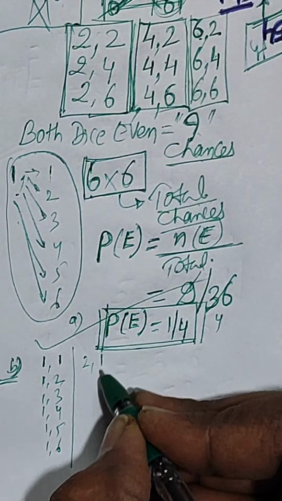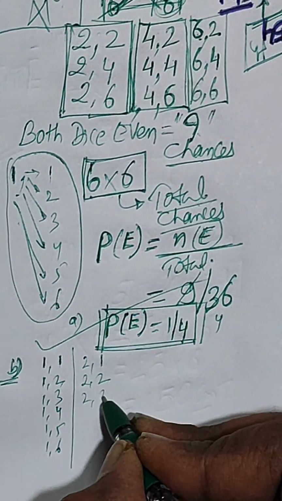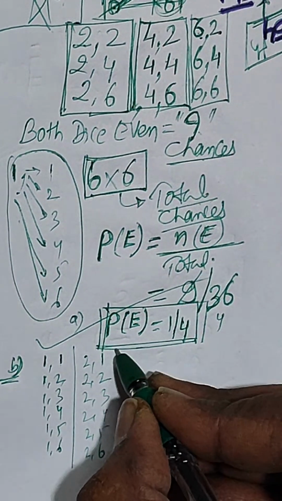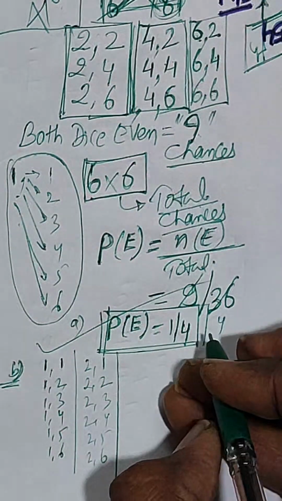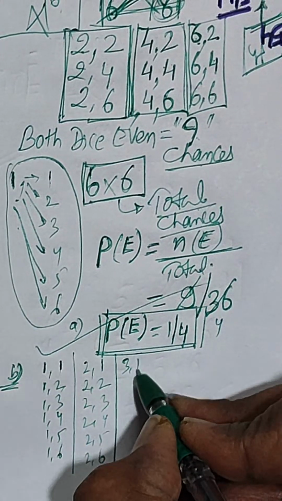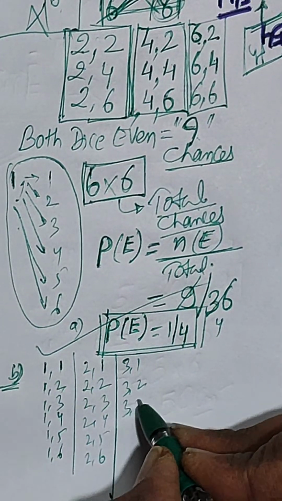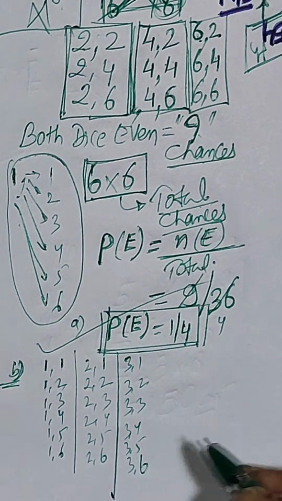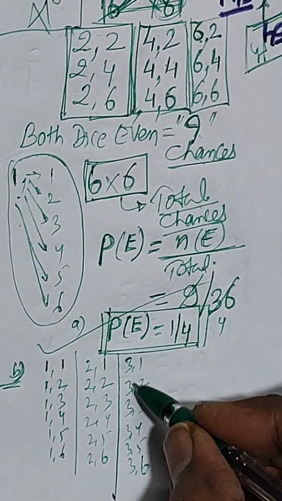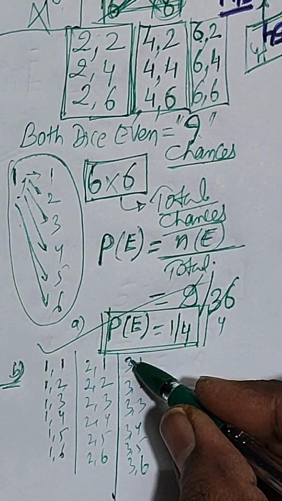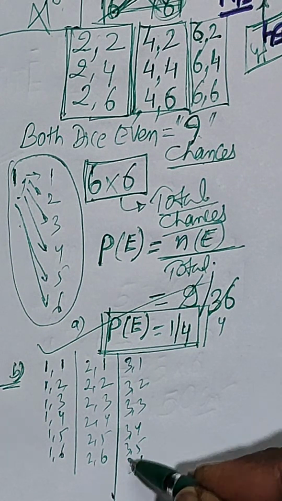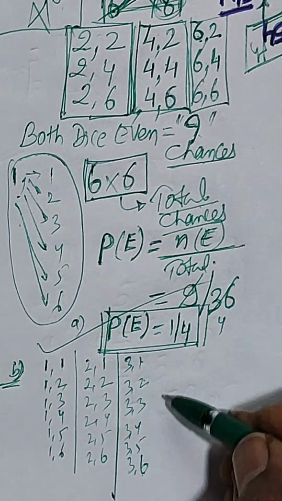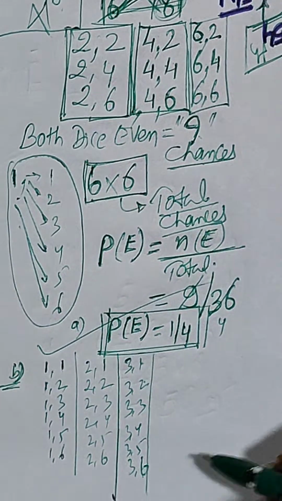This can be 2 1, 2 2, 2 3, 2 4, 2 5, 2 6. Right? It can be 3 1, 3 2, 3 3, 3 4, 3 5, 3 6. Right? So 6 options when 3 is coming into the first dice, and these are the options 1 2 3 4 5 6 as coming into the second dice.